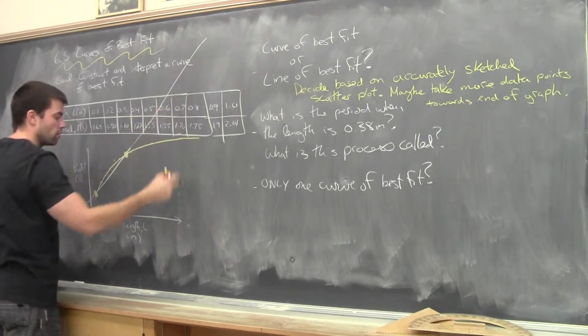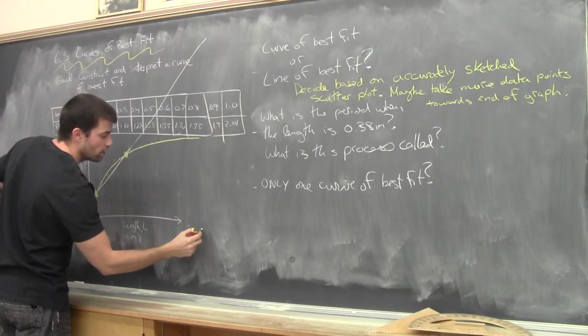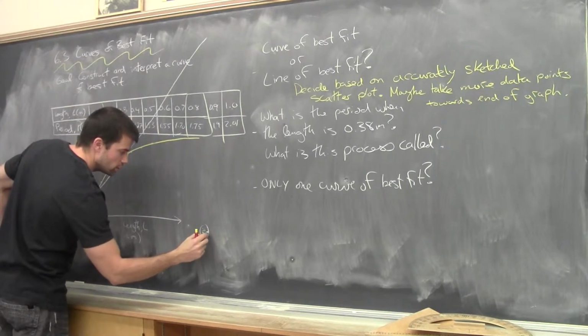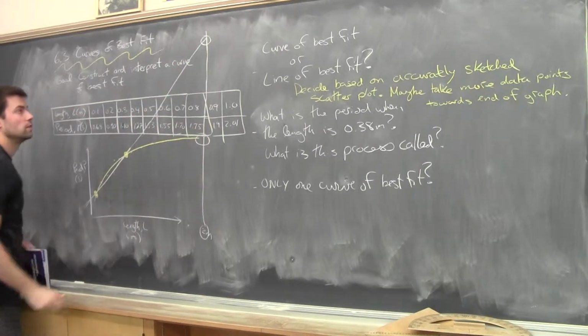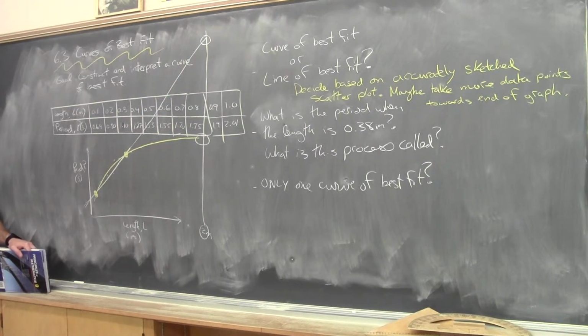And now if we want to predict this length out here, what is the 2 meter length? Look at the difference we're going to get. Okay, so that's the reason why you can't use algebraic solutions for curves of best fit.